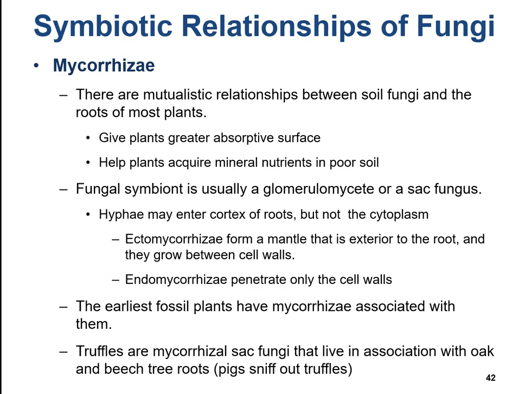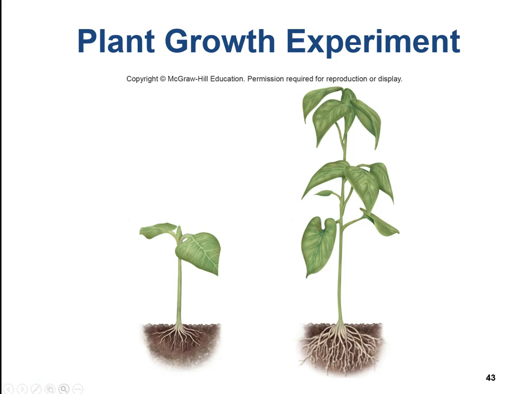Obviously, you're going to look near these oak and beech trees. So there's a long history of these symbiotic relationships between plant roots and fungi, and these fungi really benefit the plant and allow them to take in many, many more nutrients than they would be able to do without. Okay.